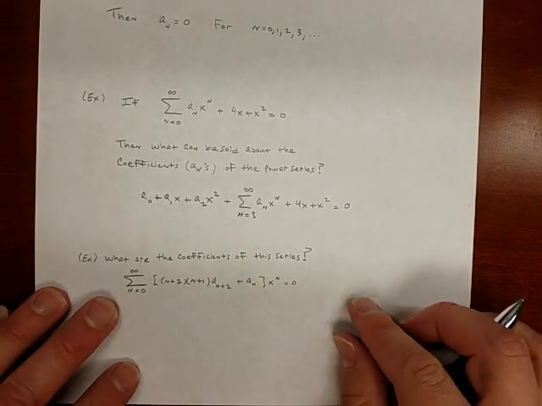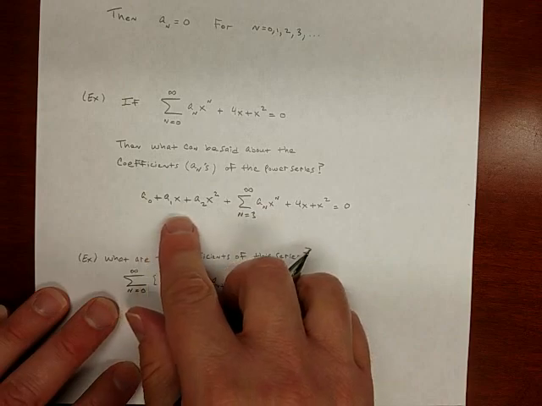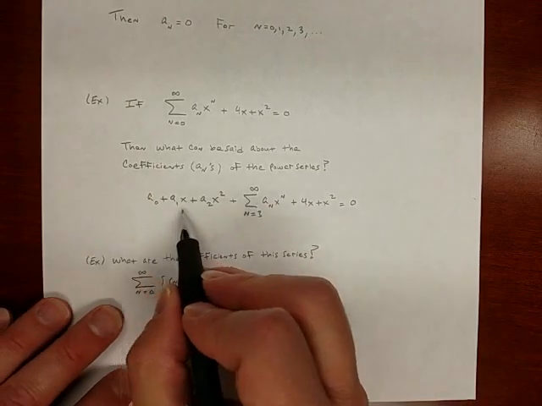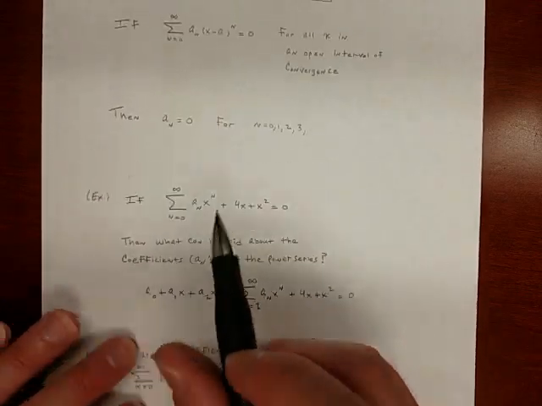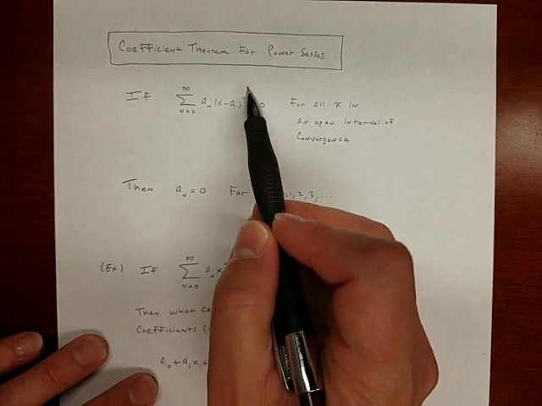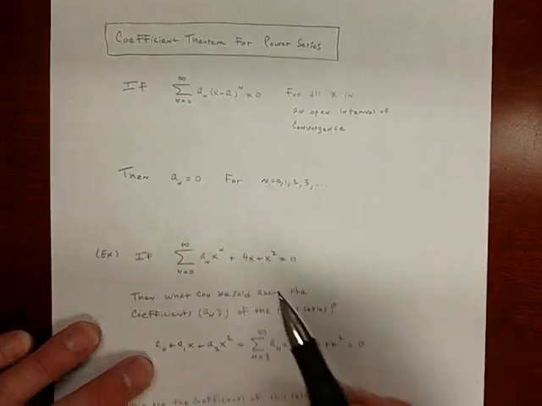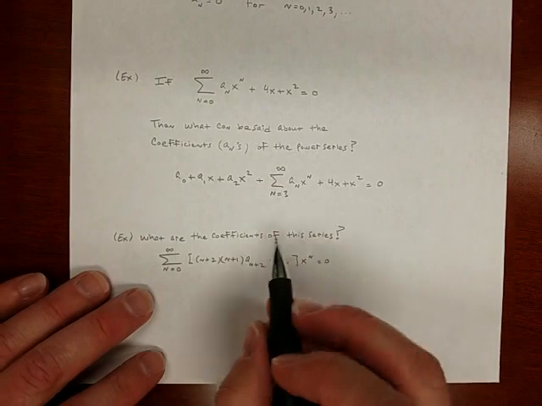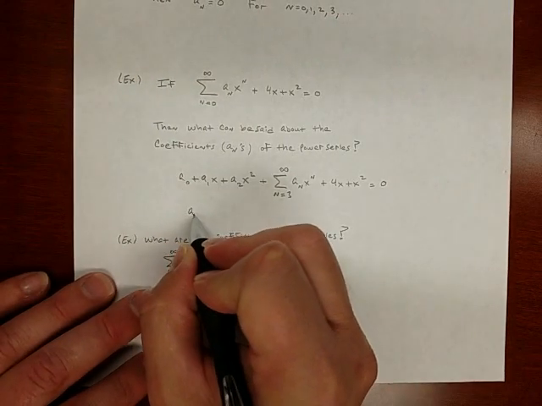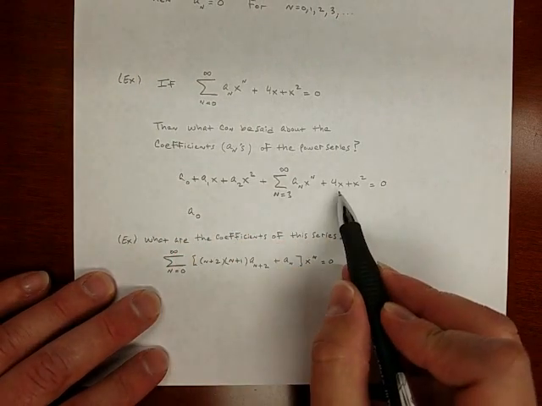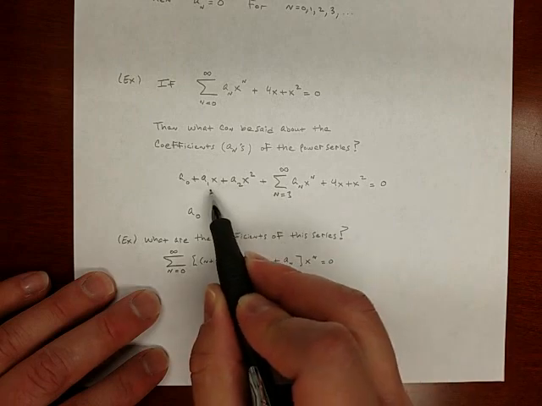All right, now I see that there's lots of like terms right there. Let's put things in order, the way they would be if we just had one summation to represent our power series. I get a constant term, okay? And then 4x and a1x.